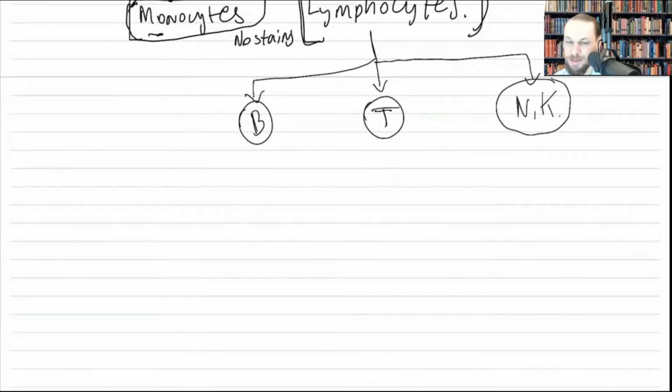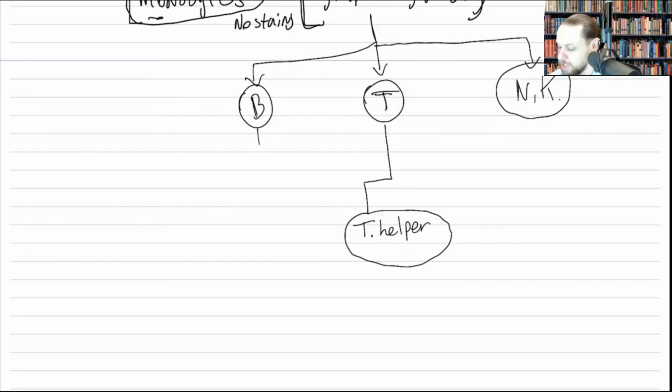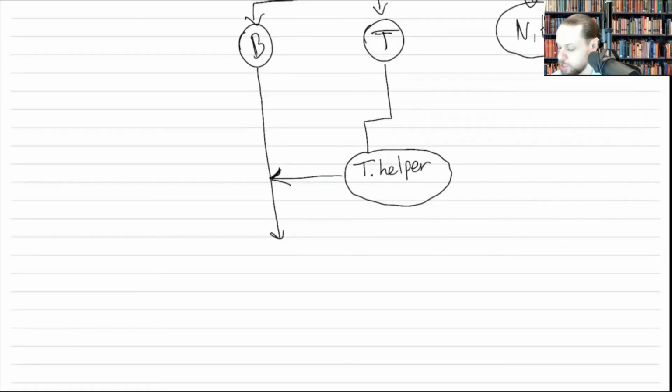And not to make it too complicated, there are different T cells, but we're going to keep it basic. What we want to focus on for this lecture is T helper cells. The T helper cells basically signal the B cells, the B lymphocytes, to transform into plasma cells.